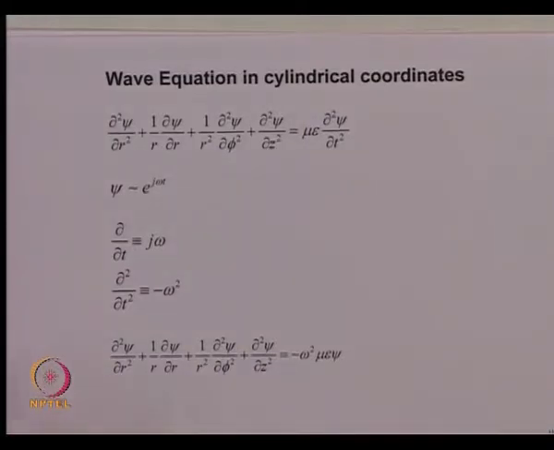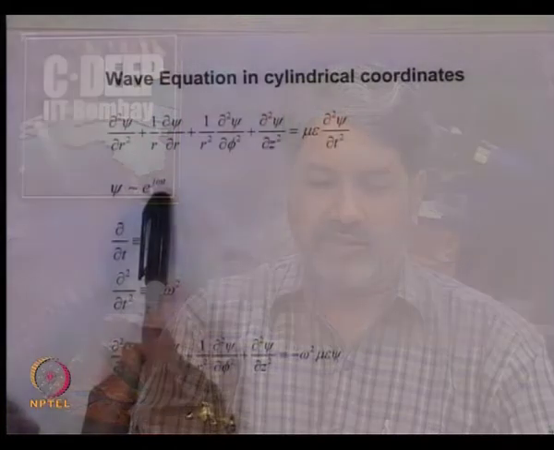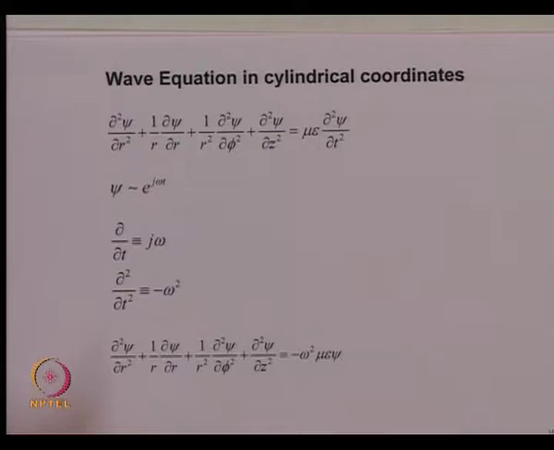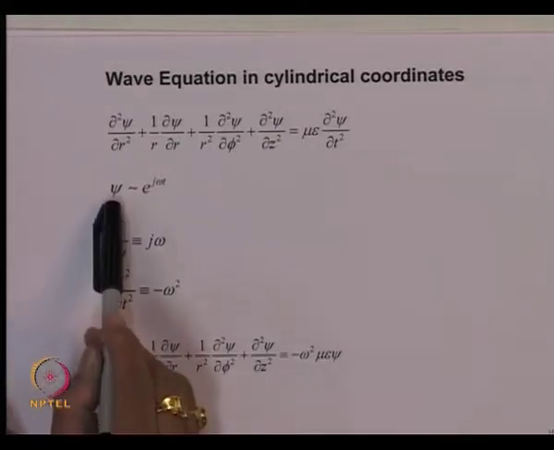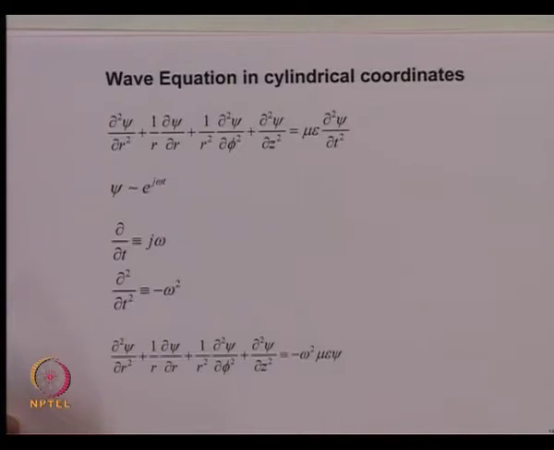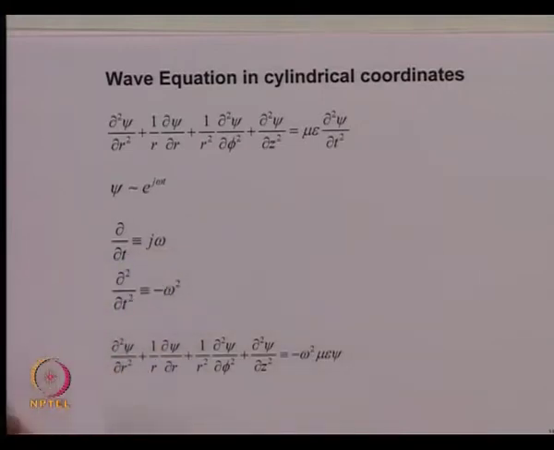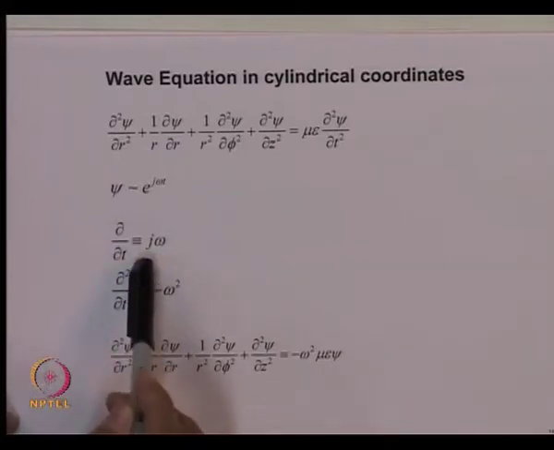Now, if we assume that all the fields are time harmonic fields with an angular frequency omega, then this quantity psi has a variation which is e to the power j omega t, where omega is the angular frequency. So, if I take a derivative of psi with respect to time, that is equivalent to multiplying the quantity by j omega. If I take a second derivative of this, that will be multiplying by one more j omega.